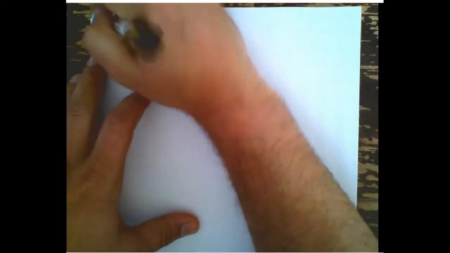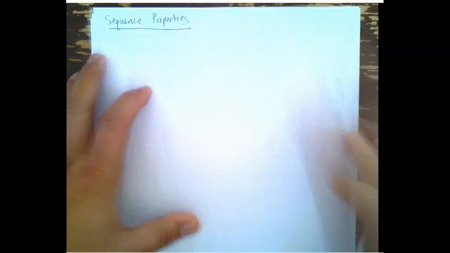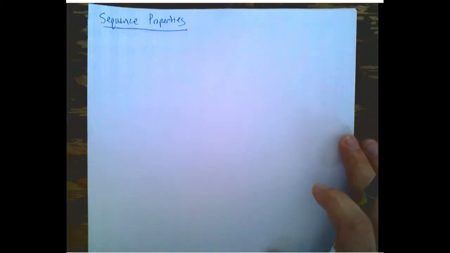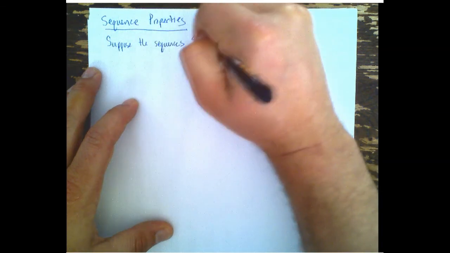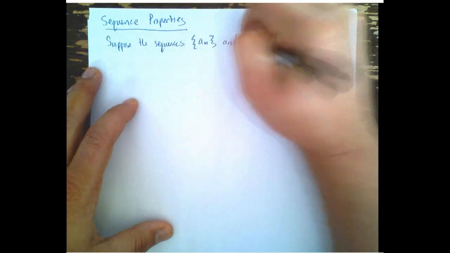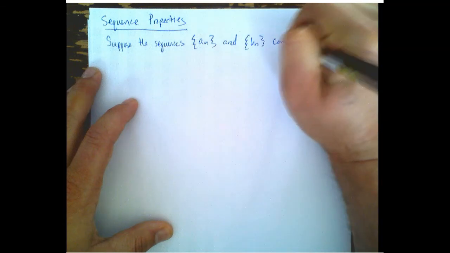Okay, now let's look at some properties of these sequences. Some nice algebraic properties evolve from two convergent sequences. So suppose the sequences, say our first one is A sub n and the second one is B sub n, converge.